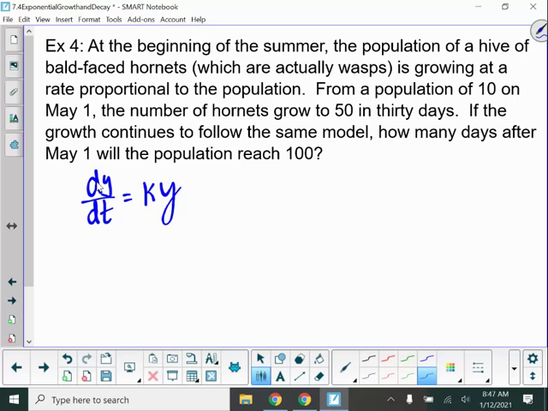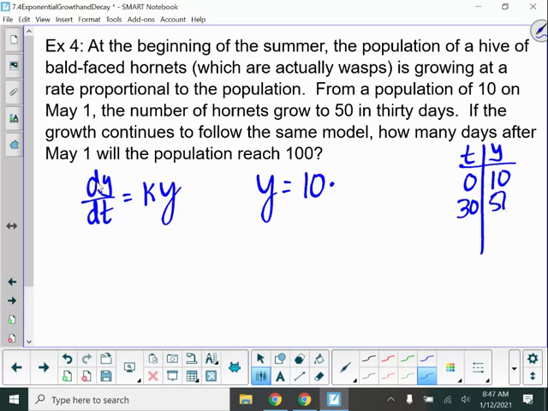So we need to come up with some type of relation for our y here. Well, we know we're starting with 10 as our initial. If I look at my t and y, on day 0 there are 10 hornets.